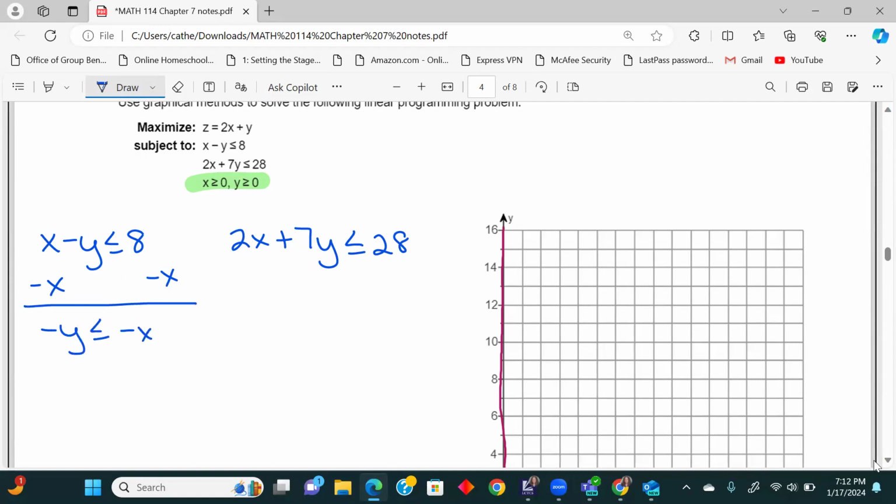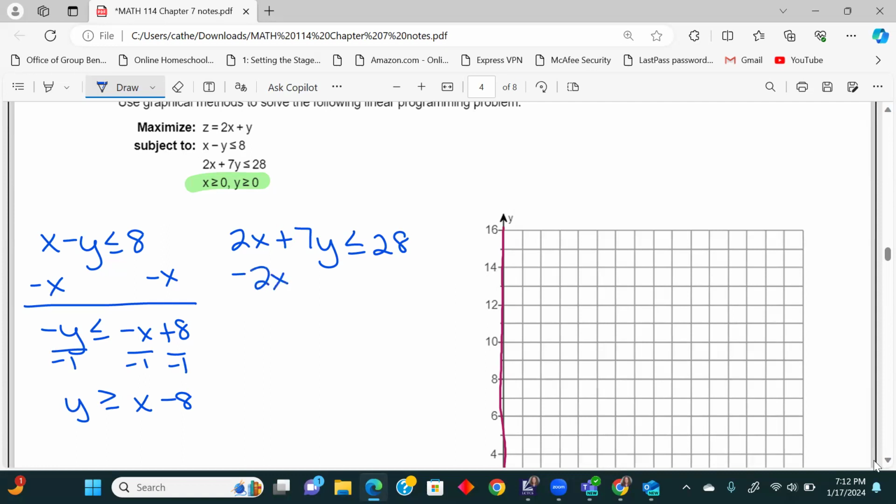You could put 8 minus x or negative x plus 8. Now with this one, to get the y by itself, we do have to divide out a negative. So divide everything by -1. It changes the signs and it flips the inequality. So be careful with that. Only if we multiply or divide by a negative is it going to flip the inequality.